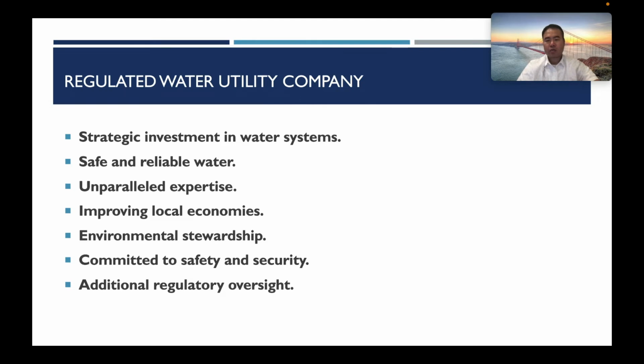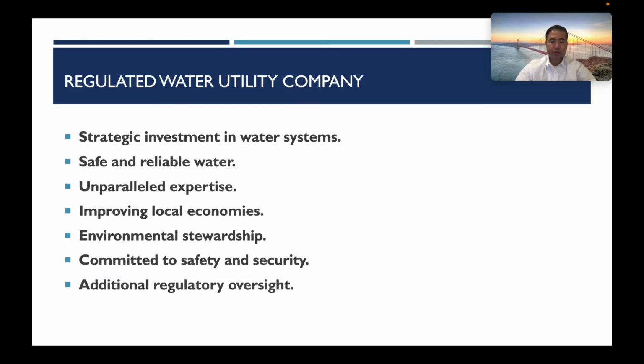And there is also special expertise in this company in many different areas, so they have to be protected so that they can actually do their work right.